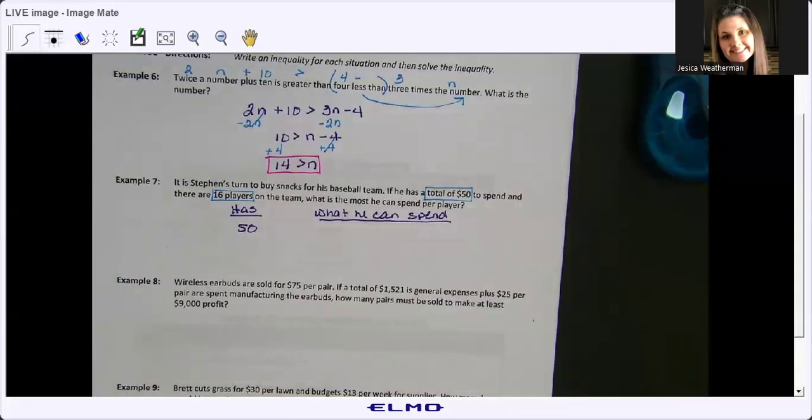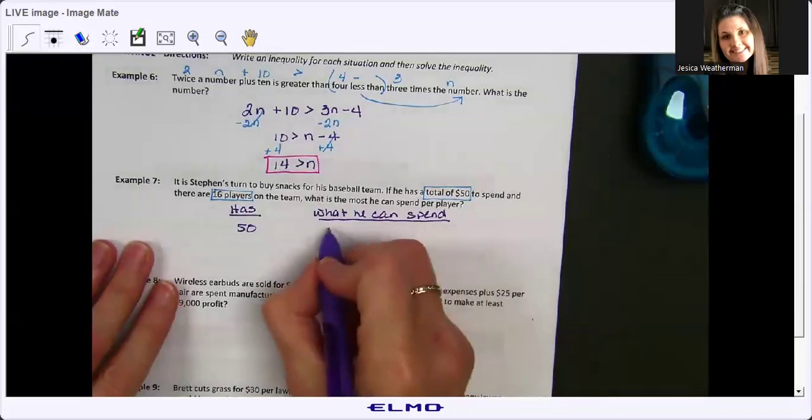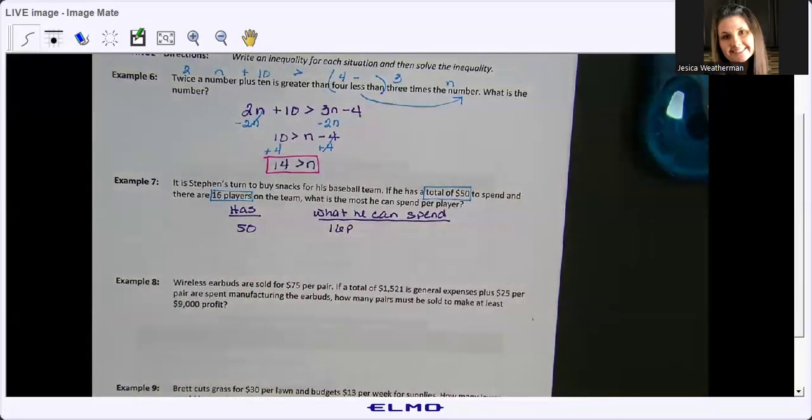Since we don't know if it's 2 or not, we have to come up with a variable that represents the cost per player, and we're going to multiply that by 16. I am going to choose P. Why not? 16P.